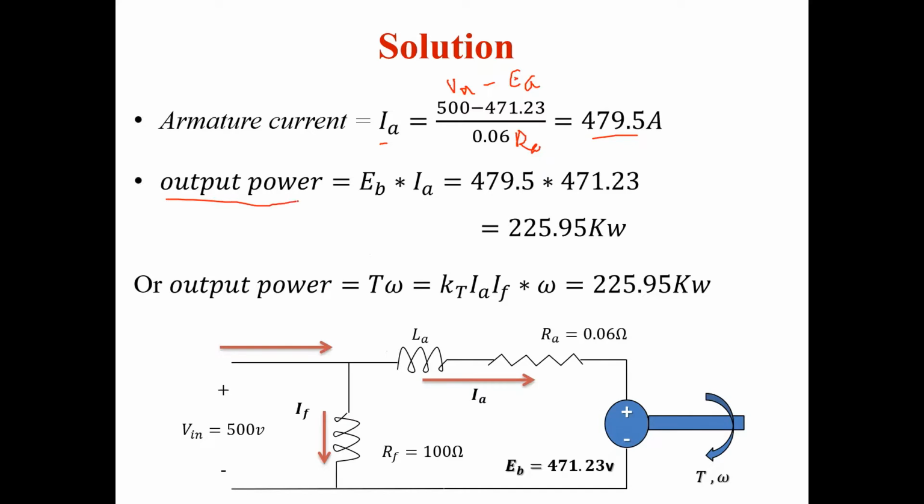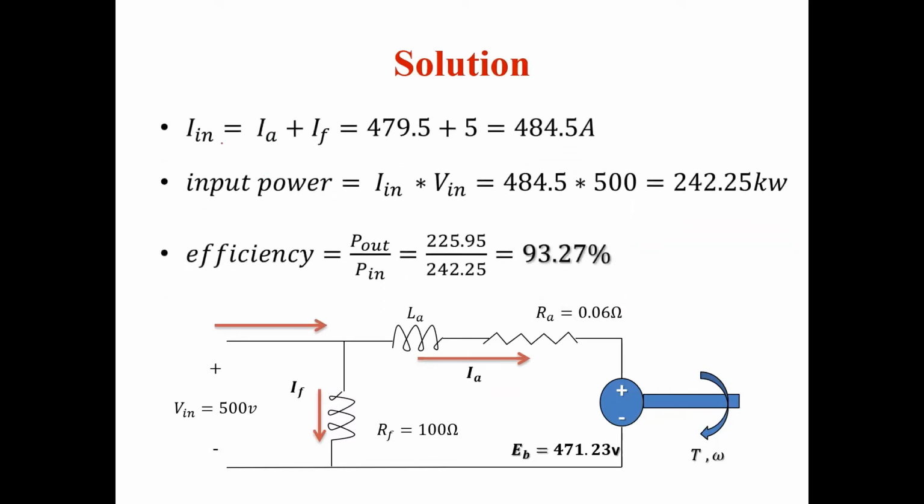Therefore, now the output power will be the back EMF times IA. So we have a back EMF, we have IA, so we have this amount of output power. Or we can multiply the torque times the speed. That will give the output power. Torque is K times IA times IF, and speed is as it is. So if you multiply also, you can get the same result.